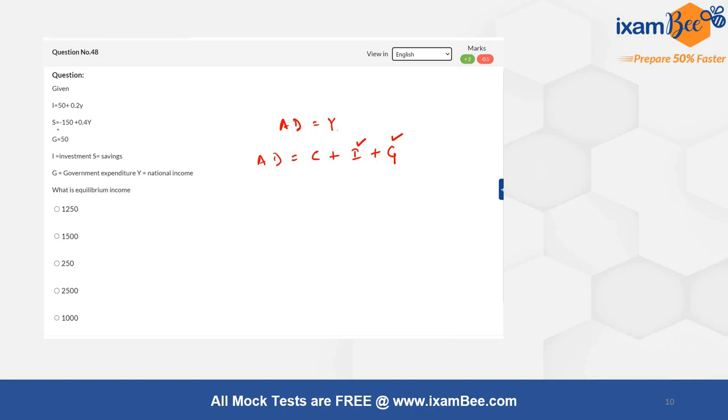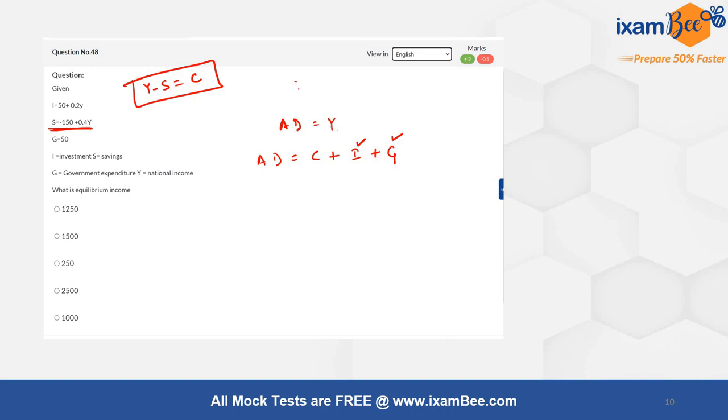So consumption function we can easily find from the savings function, right? It would be Y minus S would give you the consumption level. The output minus the total savings is the consumption, because output is either spent on savings or on consumption. So this would give you the consumption level.